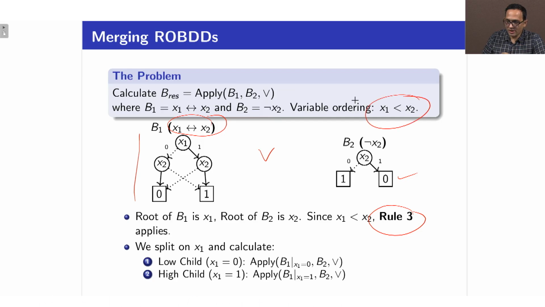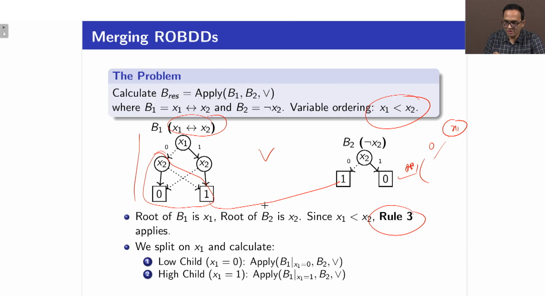So, what will happen? I will construct this BDD of x1, then if it is 0, what will I do? I will apply on this BDD, where if I put x1 equal to 0, I will get only this BDD, right. And here this is the same BDD, so these are the same BDD.